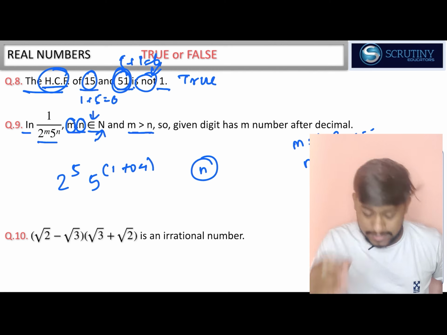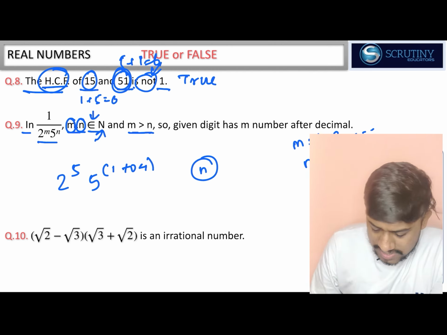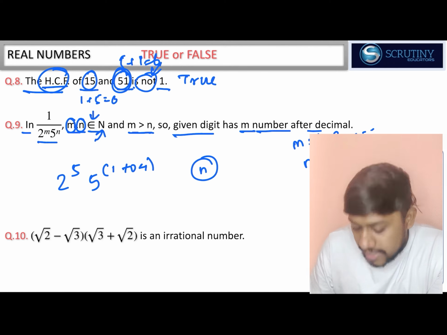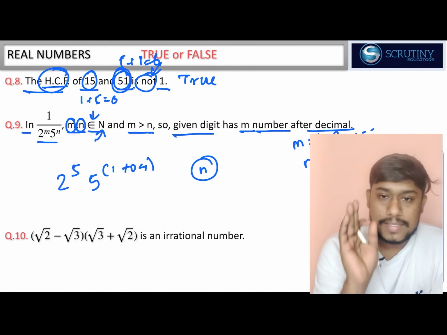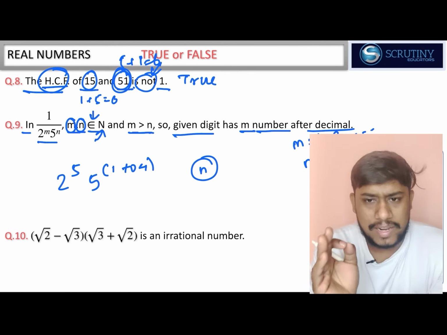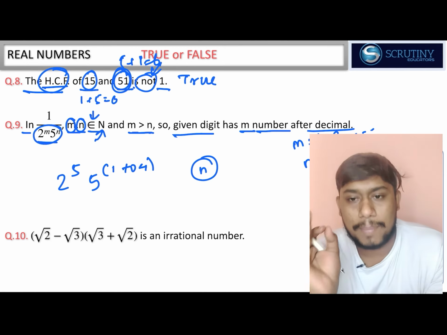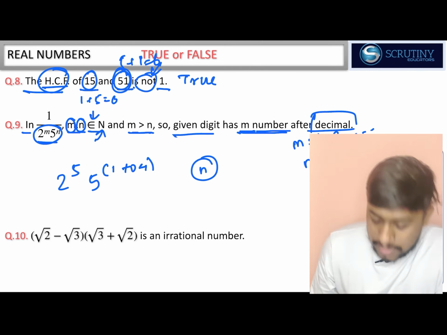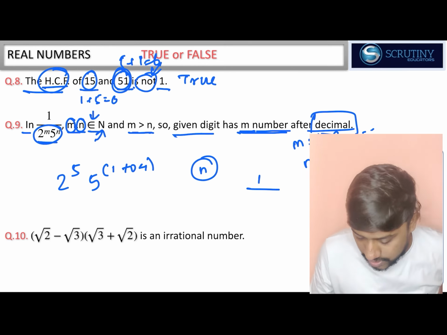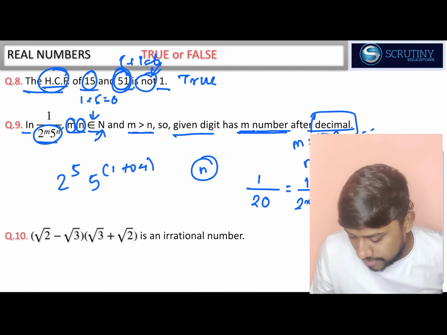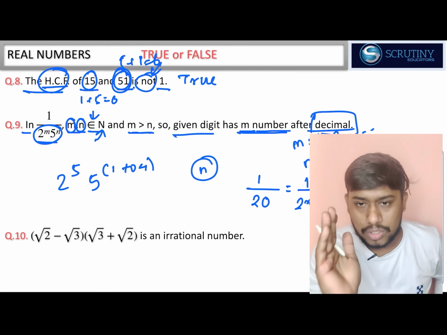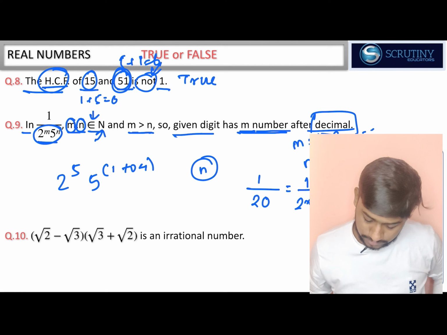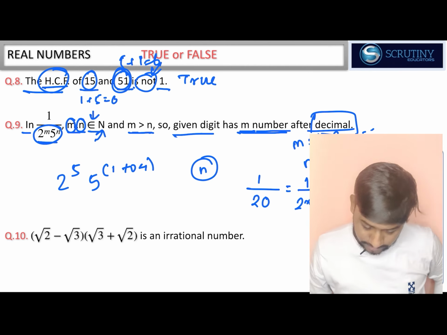Got it? Now the answer is given as m digits after the decimal. Yes, obviously. In any fraction, if you see 2 power and 5 power in the denominator, the largest power will give you the number of decimal places. For example, 1 by 20 is 1 by 2 times 2 times 5, which is 2 power 2 and 5 power 1.